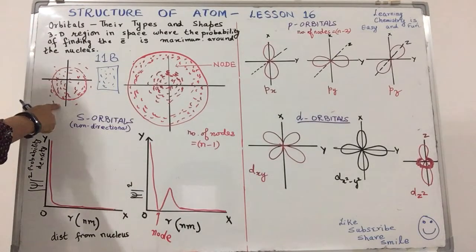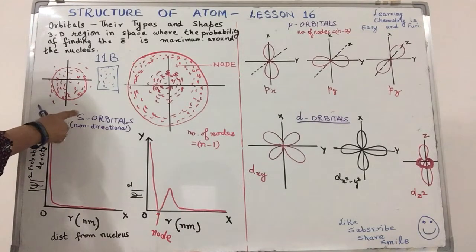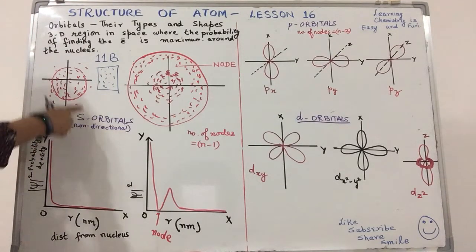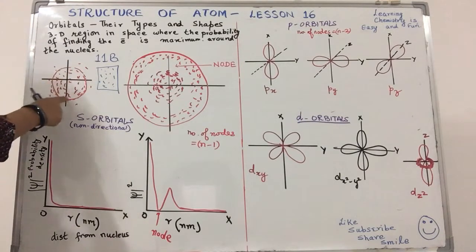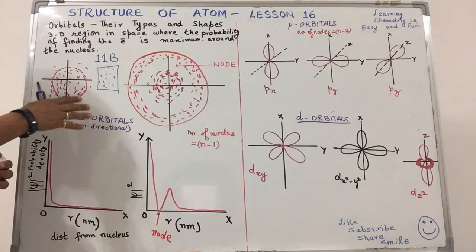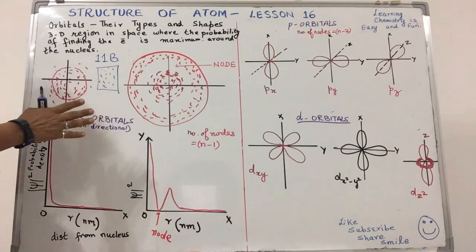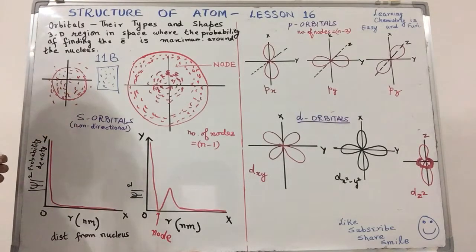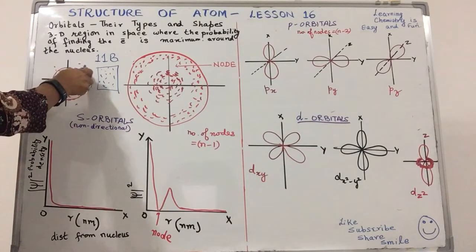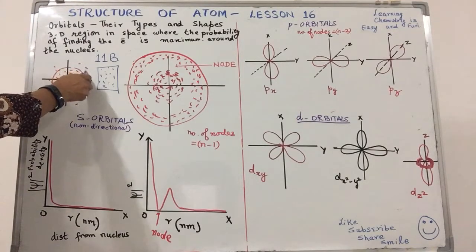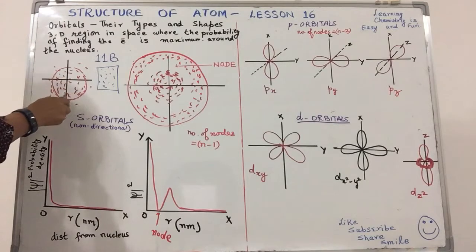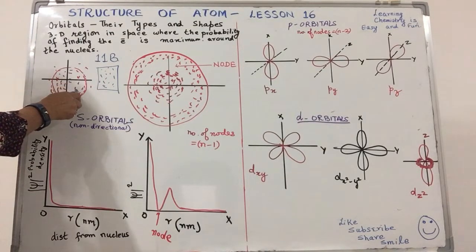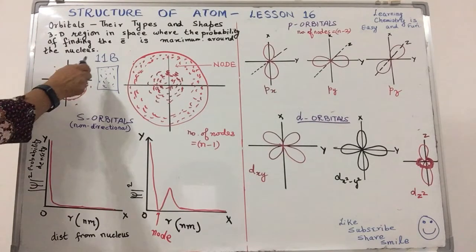Now the S orbital being spherically symmetrical means this is their boundary. So this is the area within which the electron can be found most of the time. Not all the time, because it can go a little out of that region, it can go a little closer to the nucleus. So it's quite random over here. Now what the electron is occupying is this orbital.